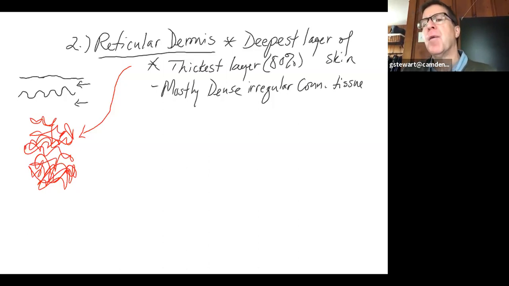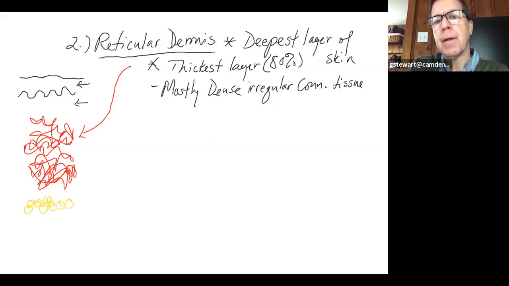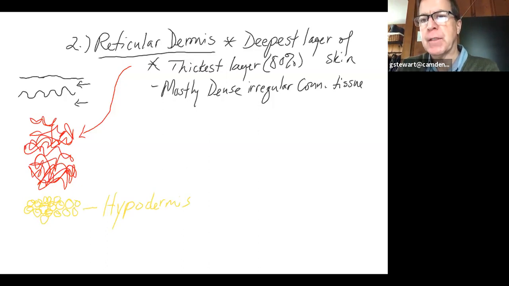There are some adipose cells in this tissue, but most of the fat, the adipose tissue, so I'm going to use yellow, is down here. Most of the fat that we carry underneath our skin is actually below the dermis, and this is called the hypodermis. And just make sure, I usually ask this on the quiz, the hypodermis is not considered part of the skin.